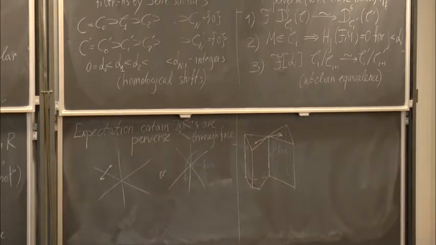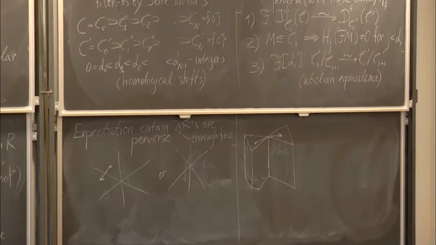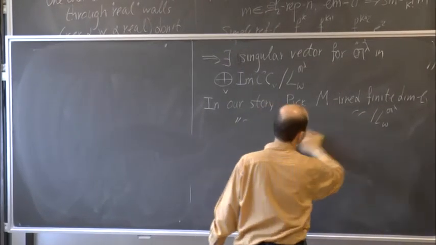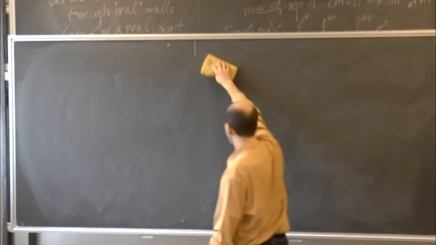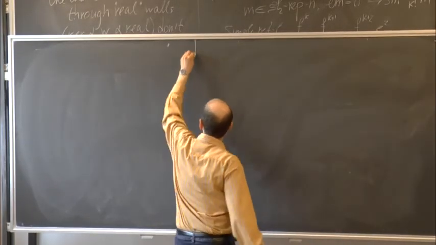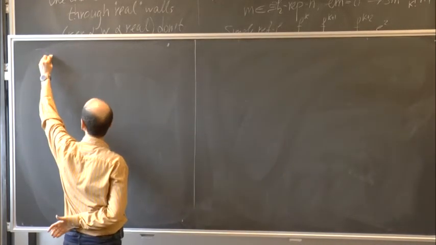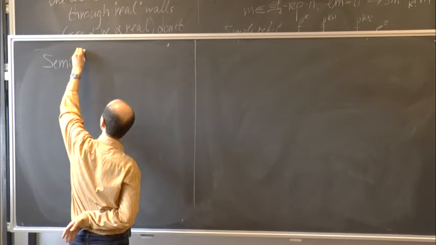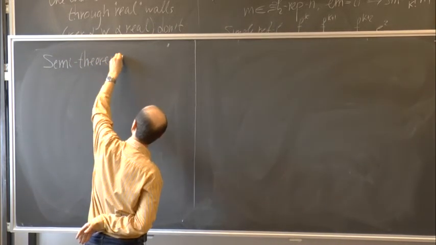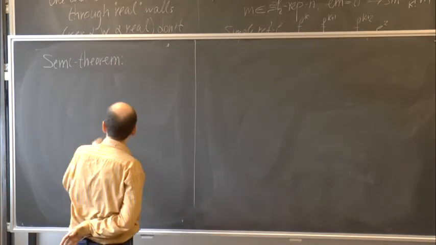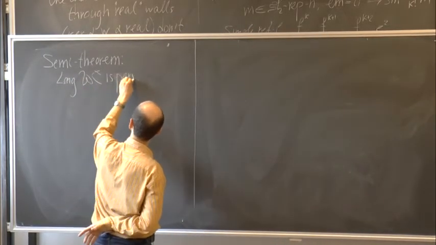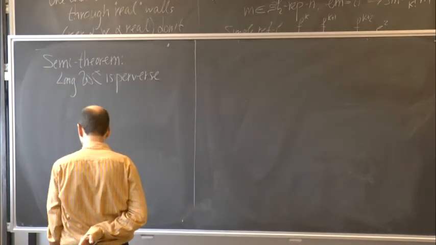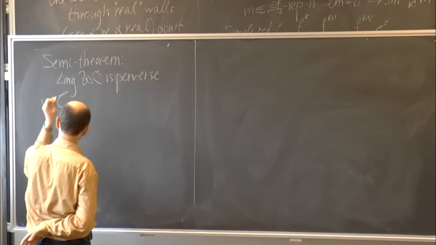Now, for example, it's a semi-theorem that the long wall-crossing function is perverse with respect to Ci.